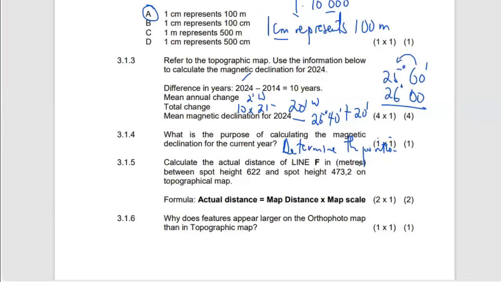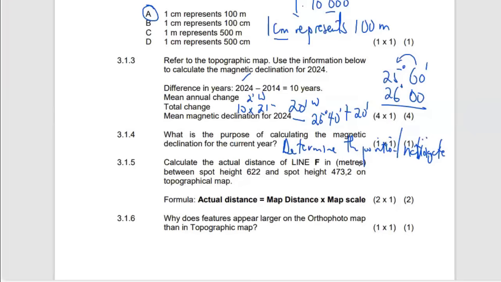We must calculate the declination for the current year, because if we use the previous year, we might not be able to locate places exactly. So we can determine the position and location of features and navigate correctly by figuring out the magnetic declination for the current year, because the position of the magnetic north is always changing in that manner. So that is basically the idea.